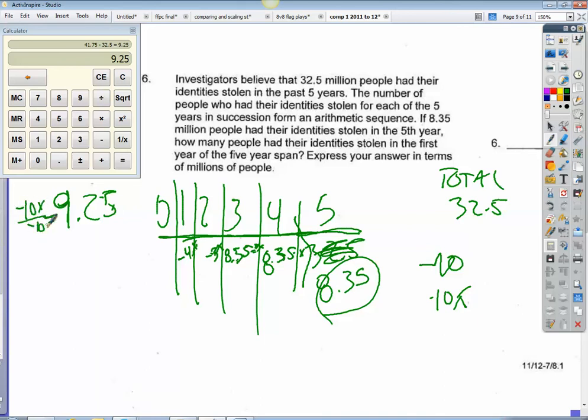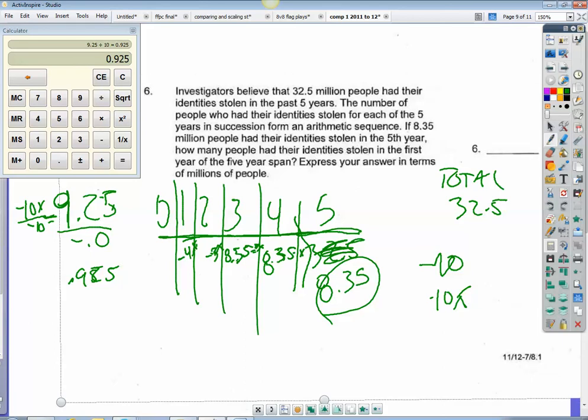So divide by negative 10, divide by negative 10. So I get 0.925, and then I have to multiply it by 4. All right, and that's a negative.